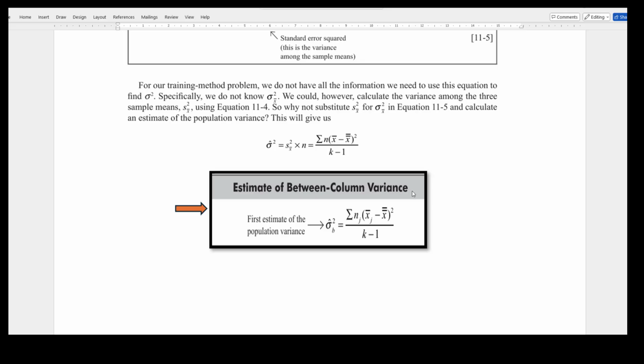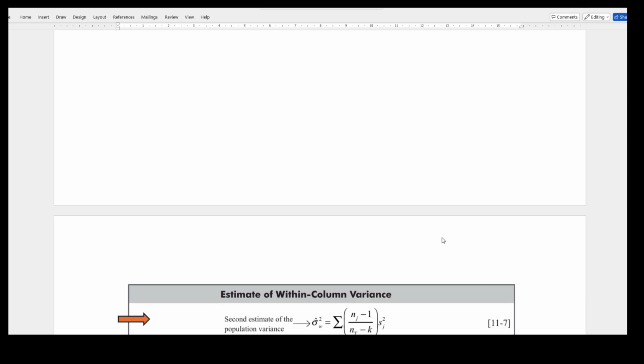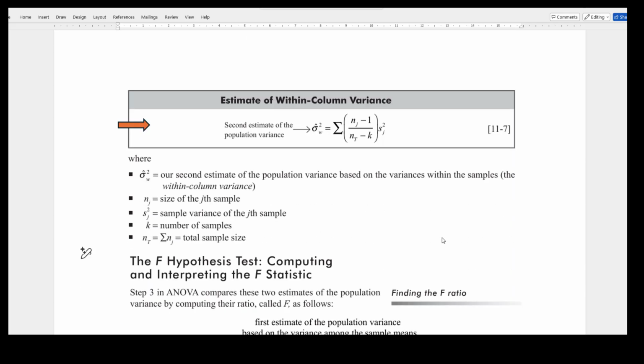Every column represents one particular sample. Between column variances will be given by this formula, and then the other estimate is within column variances. This is the second estimate of the population variance. How to use this in actual practice I will show you when we are doing Excel.